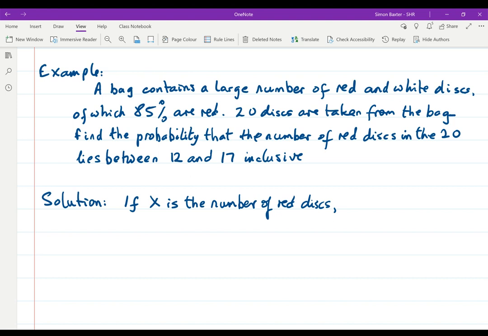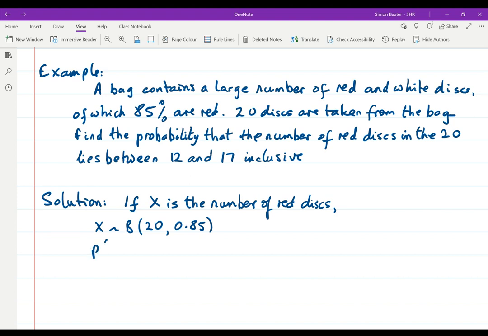Looks very much like the problem we've just done. Let's suppose that X is the number of red discs. Then X is binomial 20, 0.85. Essential to write that down in any solution.